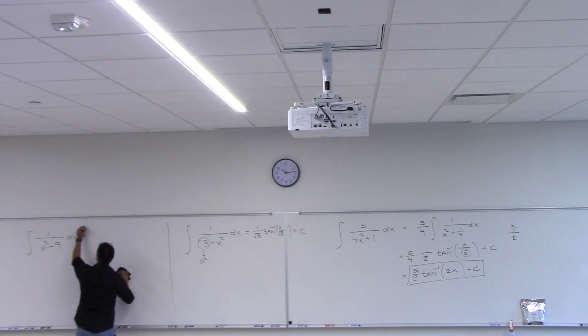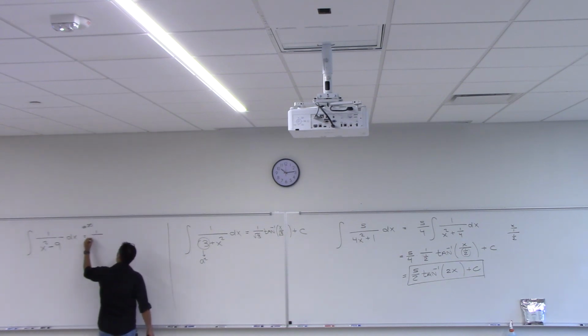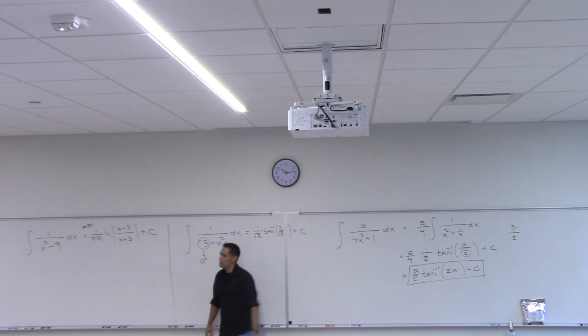So using formula number 20, with a being 3, I'm going to do 1 over 2 times 3, and then fill in that. So 1 over 6, 1 over 2 times 3, natural log, and then u minus a, x minus 3 over x plus 3 plus c, using formula 20.